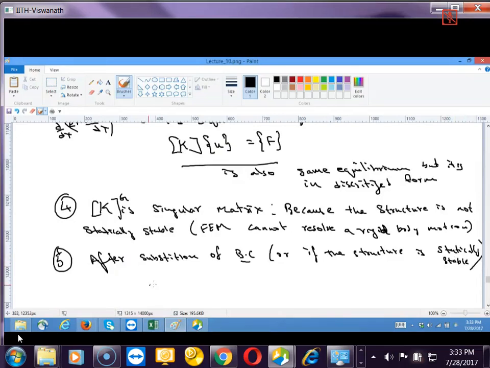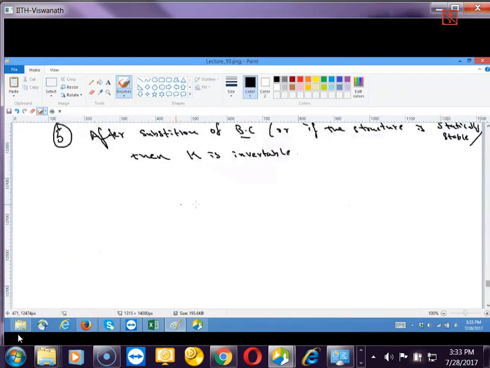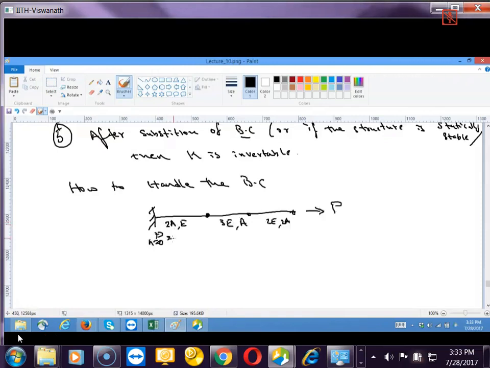So let us see how to handle the boundary conditions. For that, let's come back to our own problem. This is 2A and E, 3E and A, this is 2E, 2A, with a point load capital P. We know that u is equal to 0 when x is equal to 0.